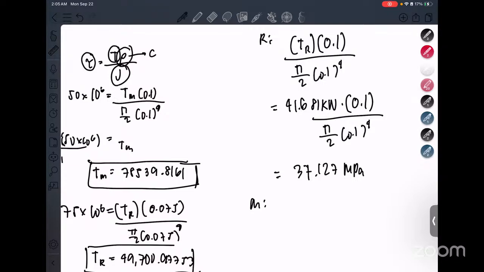For M, T_M, just the same equation, plugging in. Again, torsion times rho, which is the radius. In this case, because we're looking for the maximum, we look for max again.